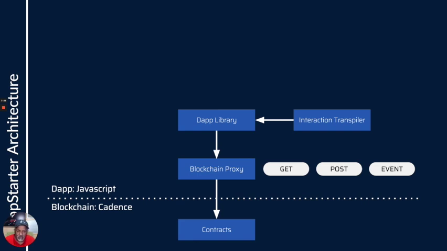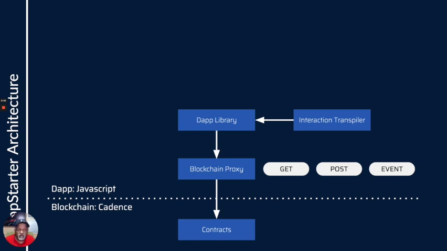We wanted to separate that a little bit, and so what we've done is given you the ability to create your scripts and your transactions in Cadence files, and the interaction transpiler is constantly watching those folders, and whenever you add a script or a transaction there, it immediately automatically creates the FCL wrapper for it and makes it available to the Dap library for consumption.